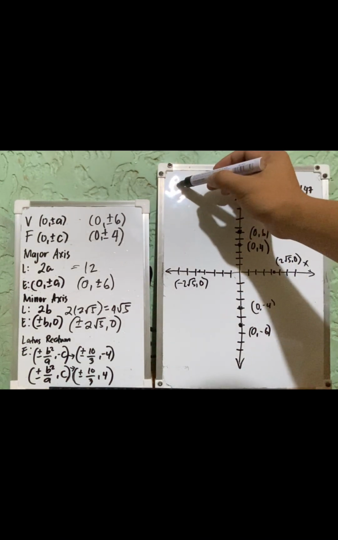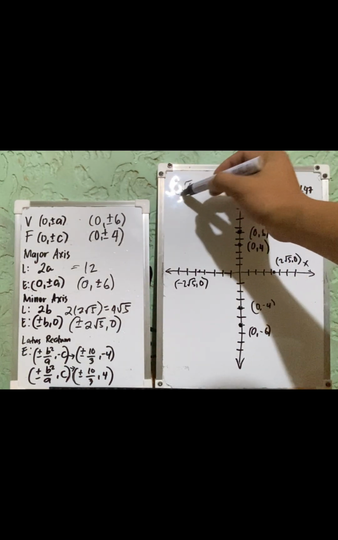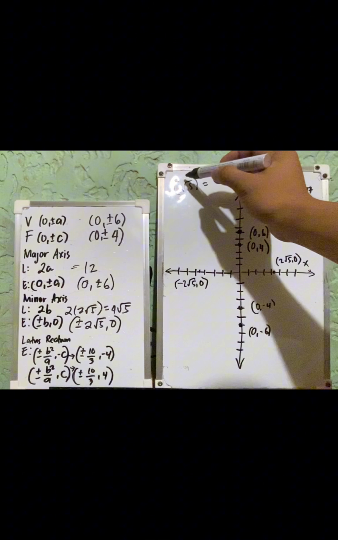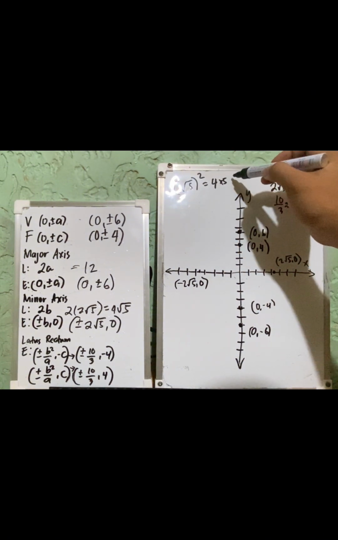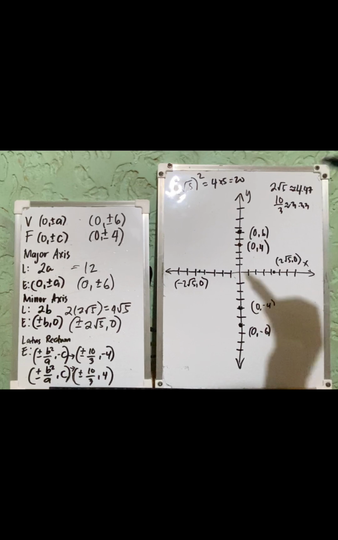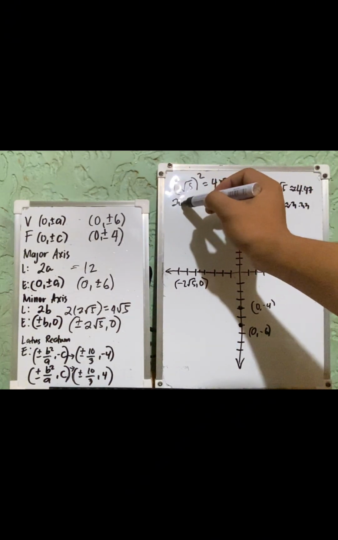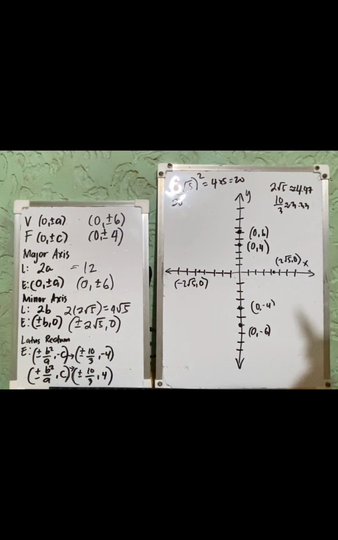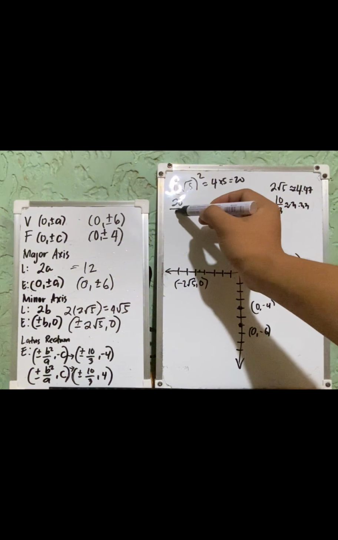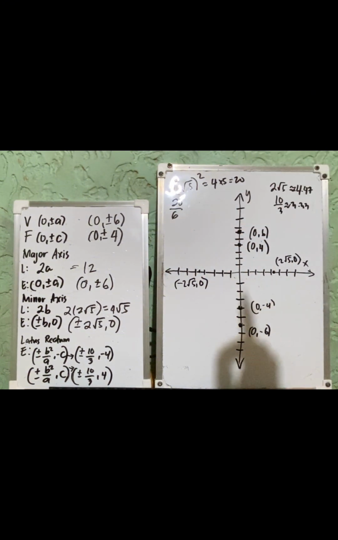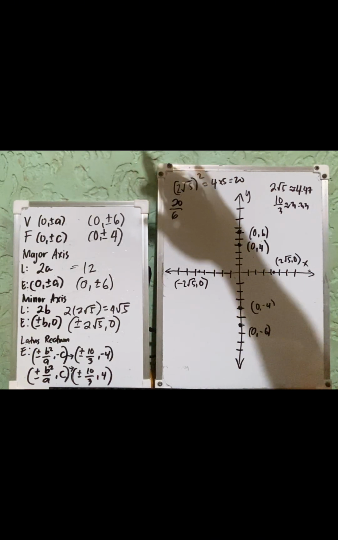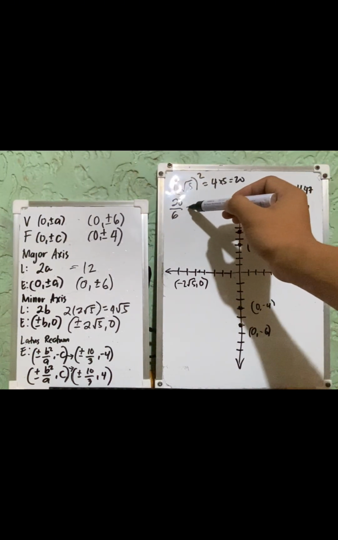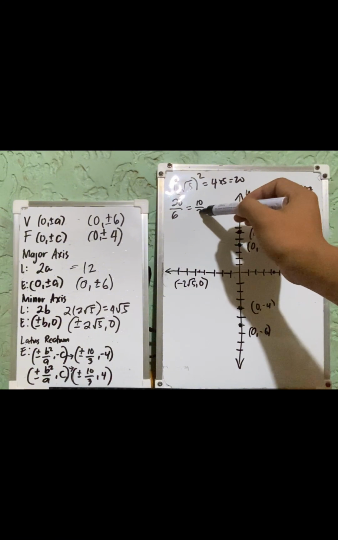So 2 square root of 5 squared is 4 times 5, which is 20. And your a is 6. So that is 20 over 6. You express that in lowest terms by dividing both by 2. So 20 divided by 2 is 10, and 6 divided by 2 is 3.